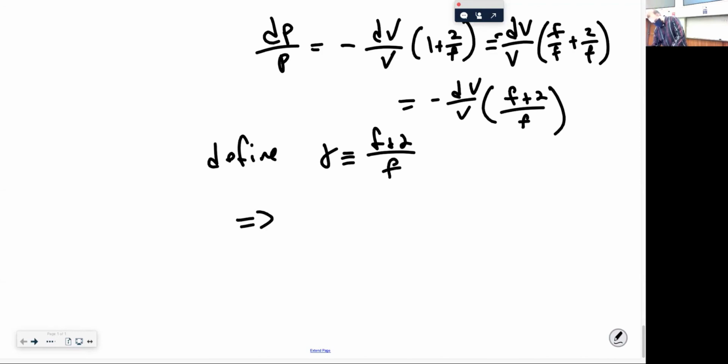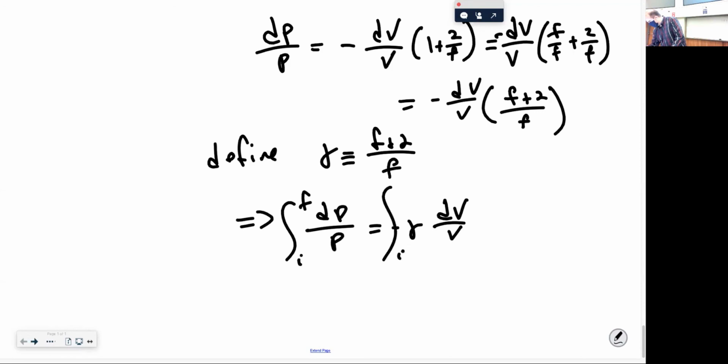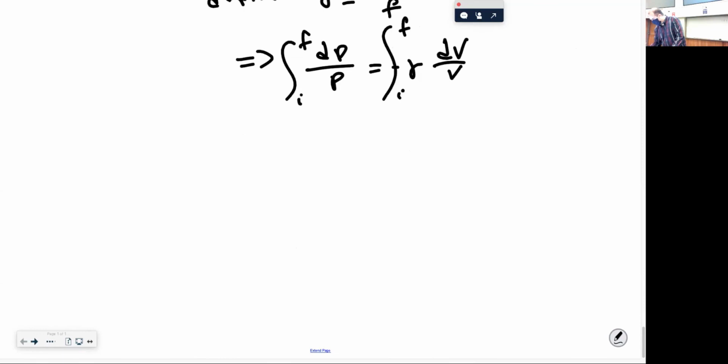So we have this rather simple looking equation. dp over p equals negative gamma times dv over v. And now we can just integrate, from some initial to some final pressure, from some initial to some final volume. We get dp over p, dv over v, they're the same integrals.